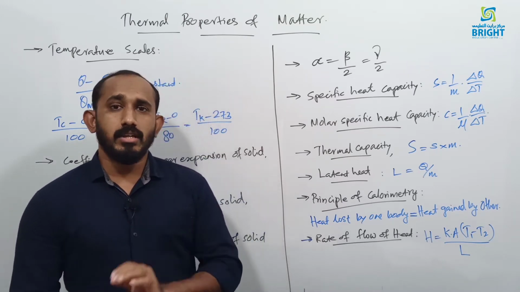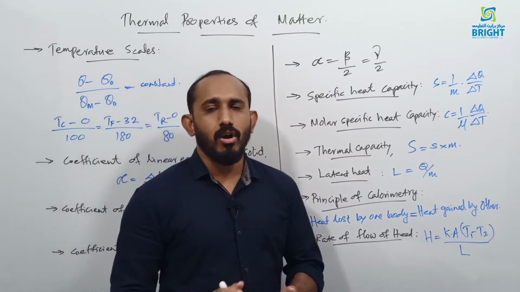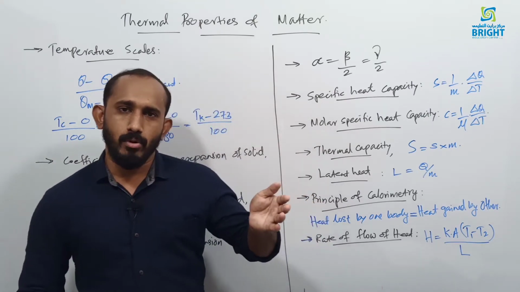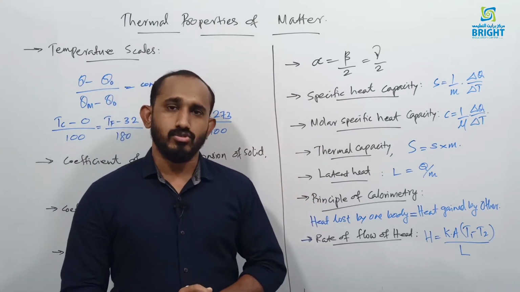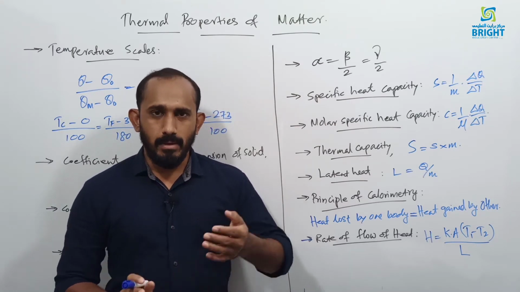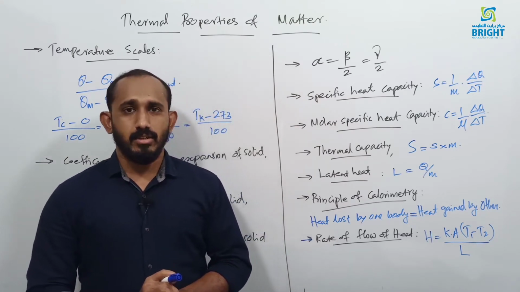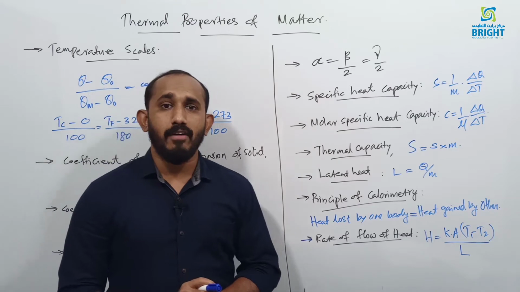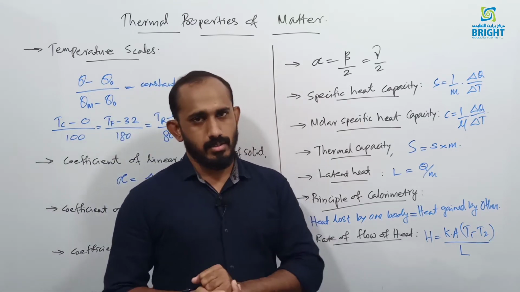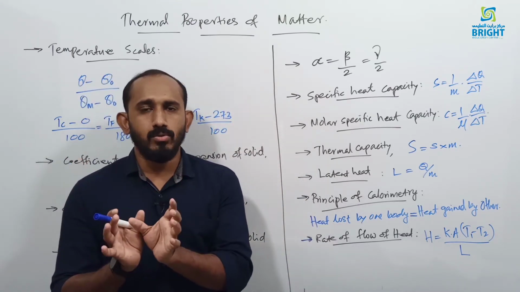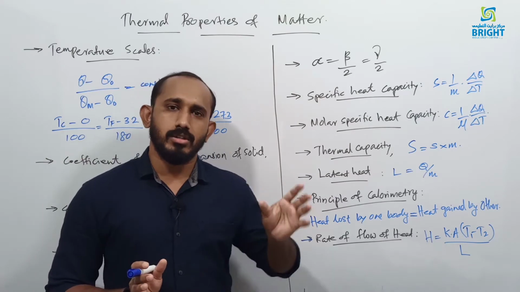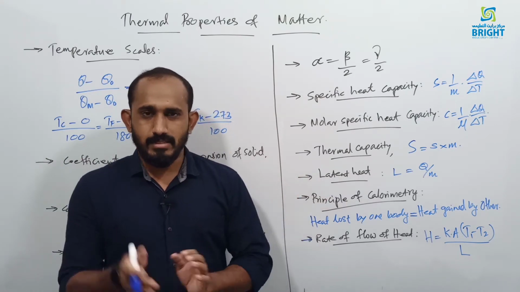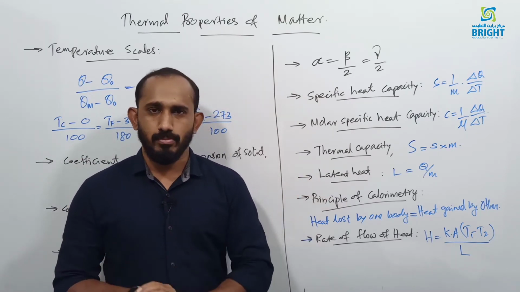And temperature is a measure of hotness or coldness of a body. How hot a body is compared to another, that's called temperature. So by measuring temperature, we can know whether the body has more heat or less heat. So temperature helps you identify how hot the body is. That's the difference between heat and temperature.